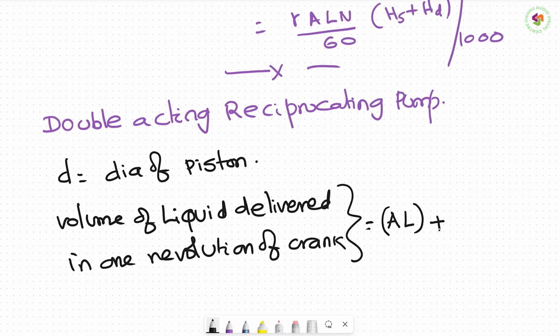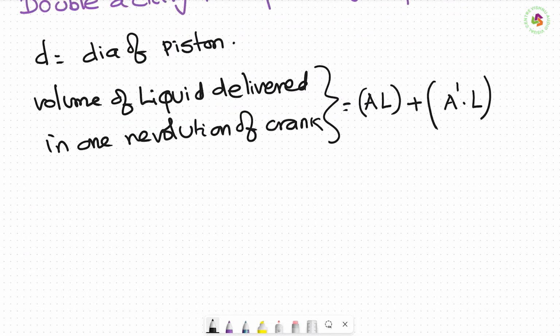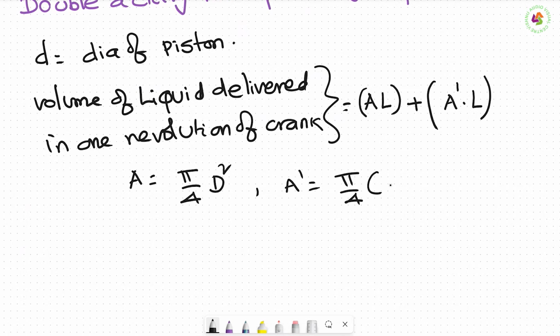On the other side, it is A dash into L. So A is equal to pi by 4 into d square, whereas A dash is equal to pi by 4 into D square minus d square, because on the other side there will be the piston rod, so that piston rod occupies some more area, that's why we have to reduce.